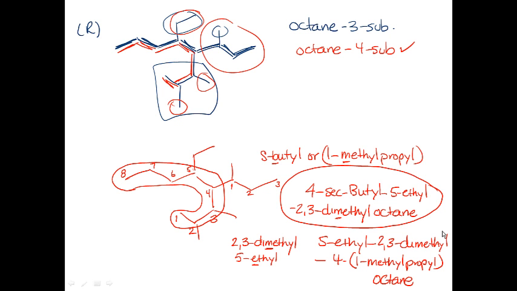So either of those 2 names is correct. And again, methyl is alphabetized before methyl propyl.